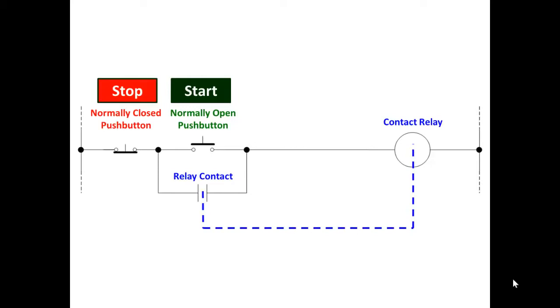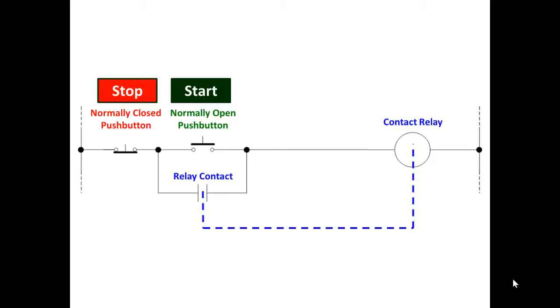So the normally open contact in parallel with the start button now goes closed. So now you have two paths to the relay coil, through the normally closed push button, through the normally open push button that you're holding closed to the relay coil, or the current can flow around through the relay contact, which is now held closed by the relay coil, to keep the relay coil energized.